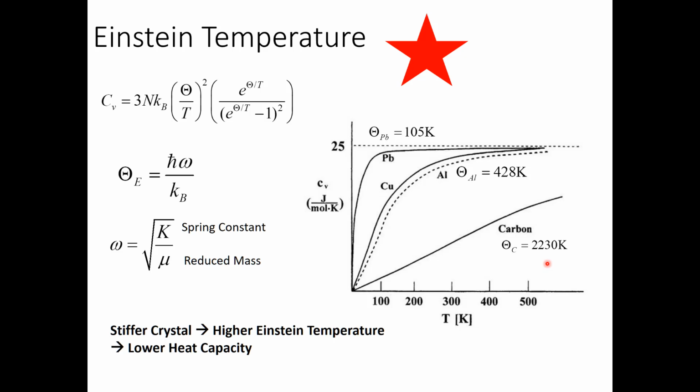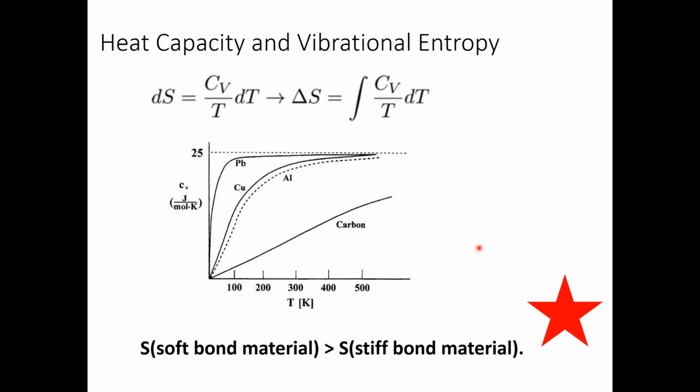Pretty high. When we think about entropy, remember the entropy of a solid is the integral of CV over T dT. This is what we did in the first third of the class, the classical thermodynamics section, right? So if you look at this, we're basically integrating this curve. I mean, you have this 1 over T term, but the 1 over T term exists for all these materials.